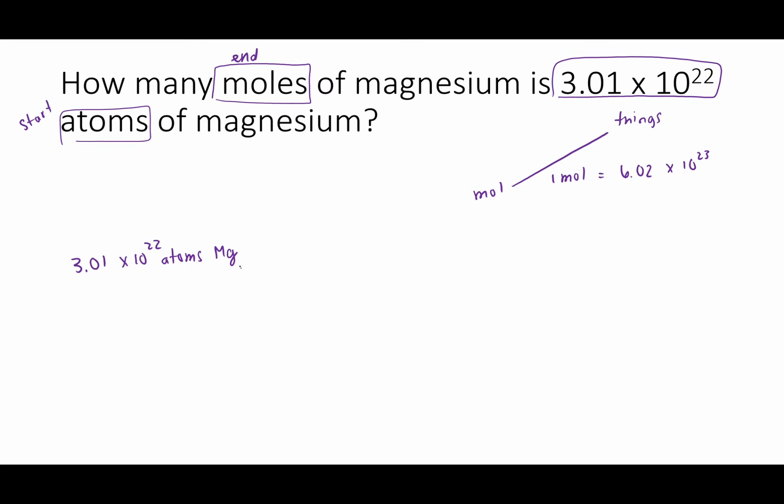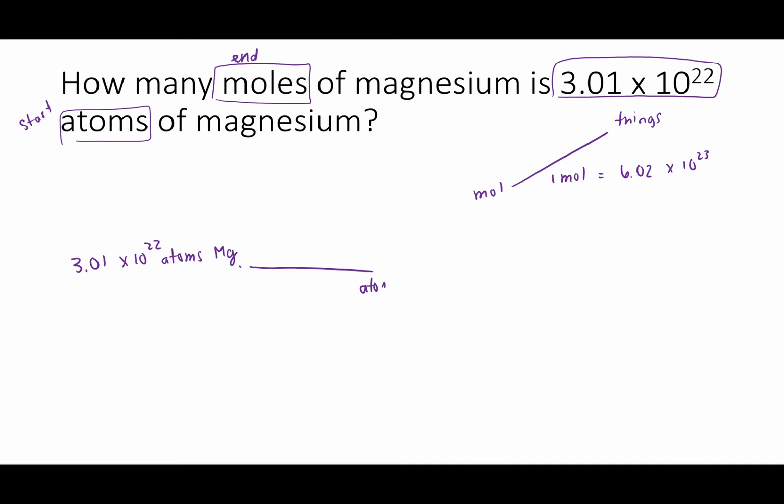It's going to get me in a good habit for stoichiometry. Now, my units are atoms of magnesium, but that's not what I want. And so in order to get those units to cancel, I'm going to need to divide by them. So in order to divide by atoms, all I'm going to do is put it on the denominator.